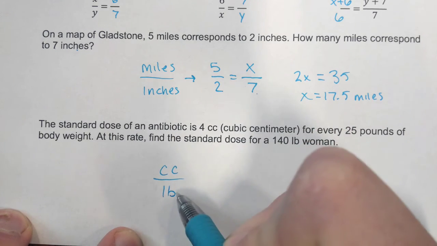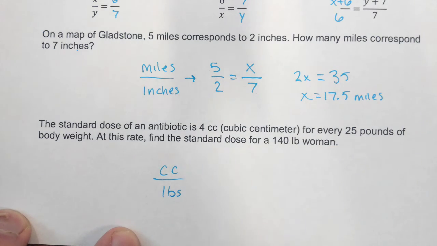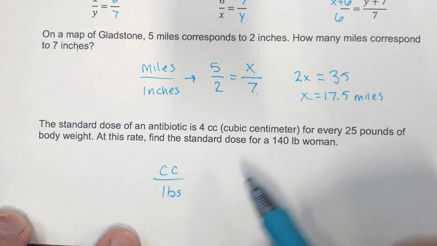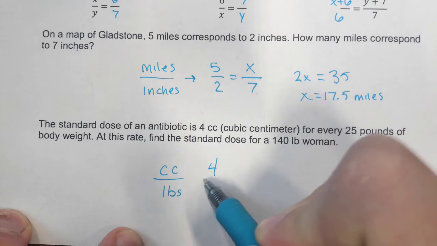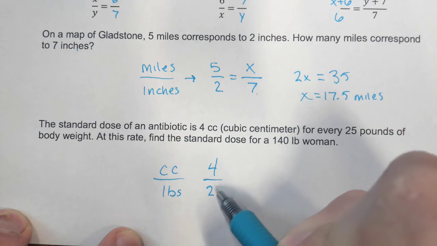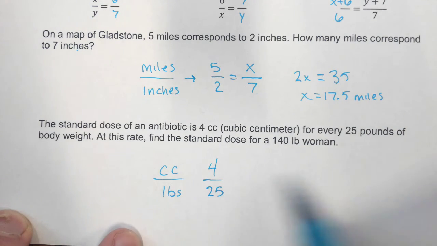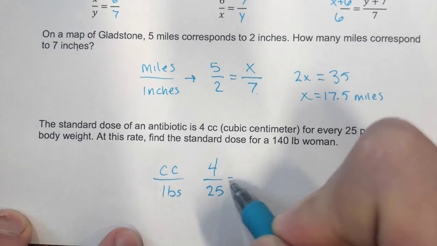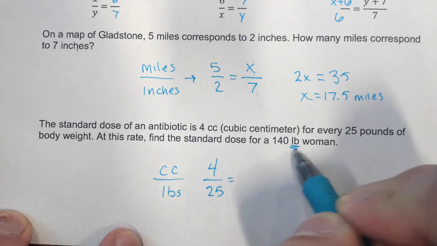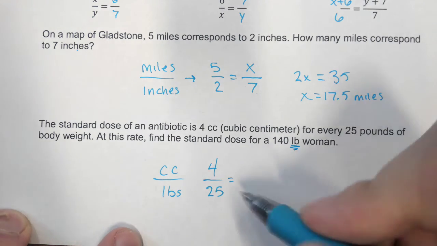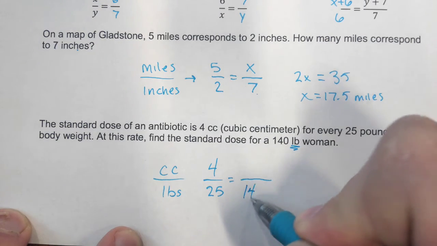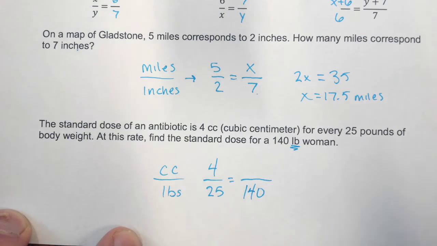I'm going to abbreviate that lbs. So I'm going to put cc's on top, pounds on bottom. I'm given 4 cc's for every 25 pounds. What would be the standard dose for a 140-pound woman? So that 140 must go on bottom with the other pounds.